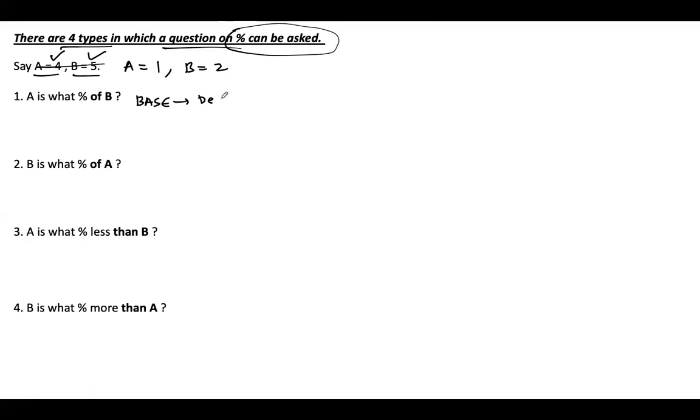Base will come in the denominator, and in the numerator comes the value that needs to be compared. So the answer to any of these questions would be the value compared divided by base into 100.